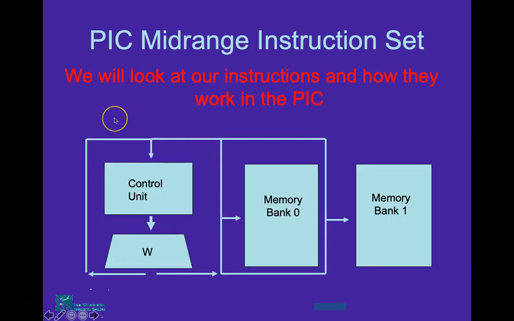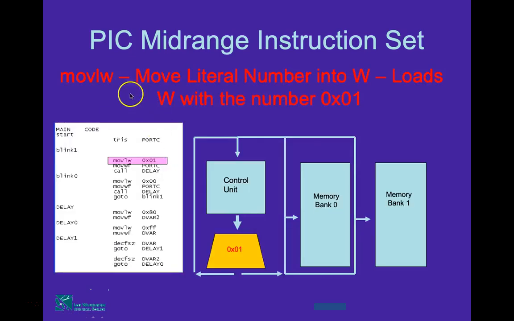Now we will look at our instructions and how they work in the PIC. So let's begin with this example code which we have used. You see we have move LW. This particular instruction means moving the literal number to the working register. So this literal number is going to move to the working register.